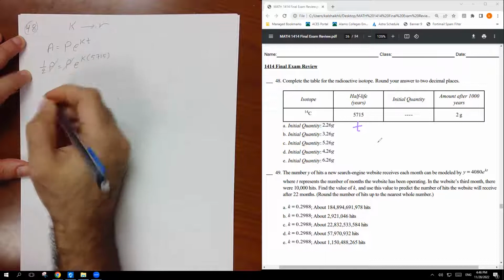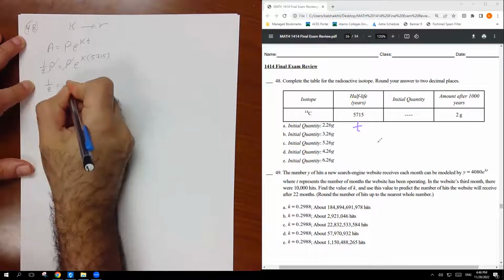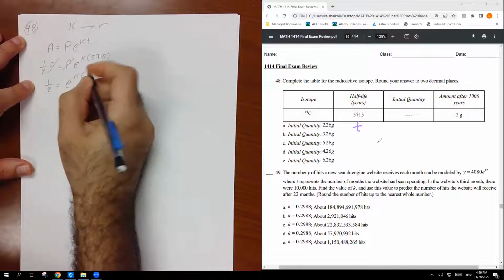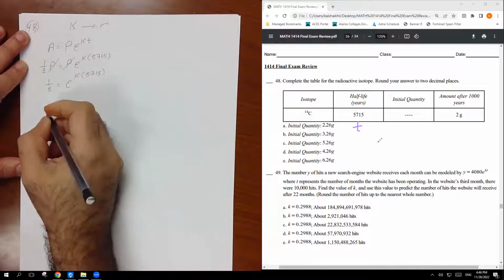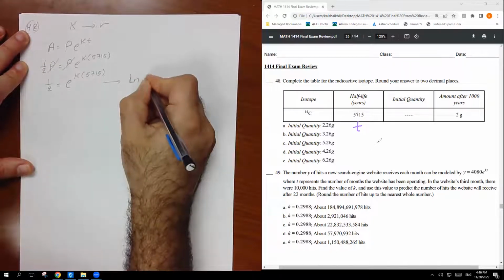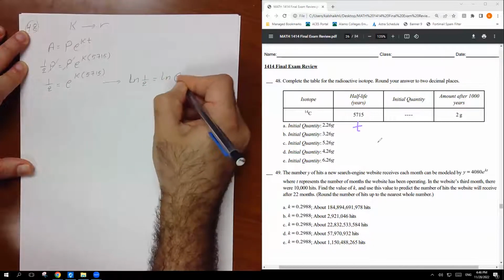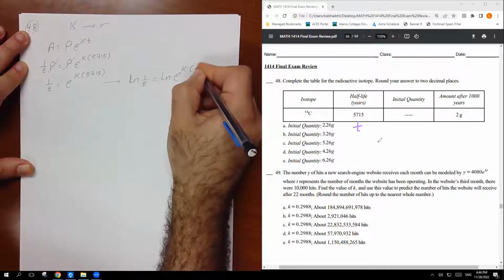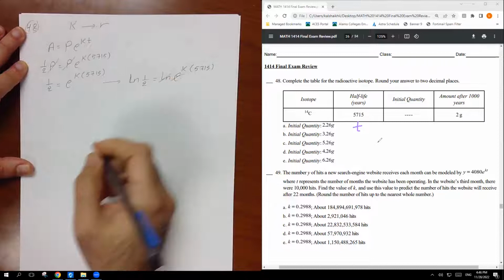Cancel P with the P, we have half equals e^(k times 5,715). Now take the ln of both sides. So ln of half equals ln of e^(k times 5,715). Cancel these.